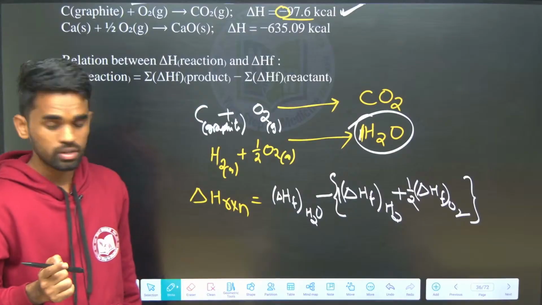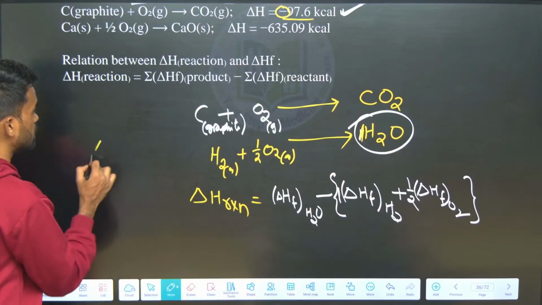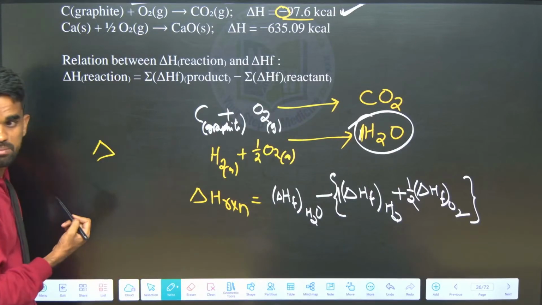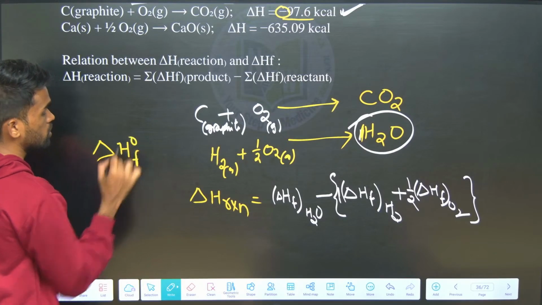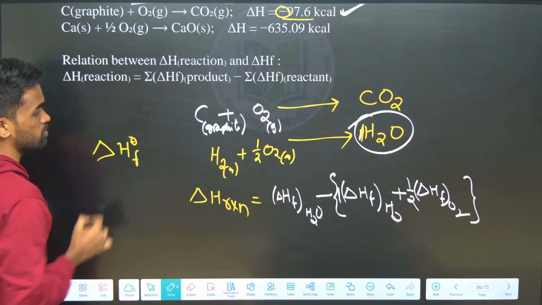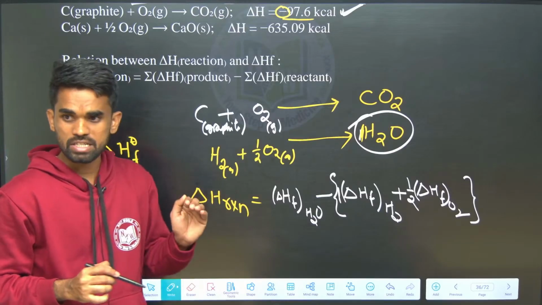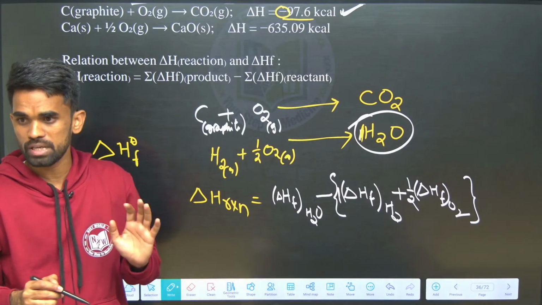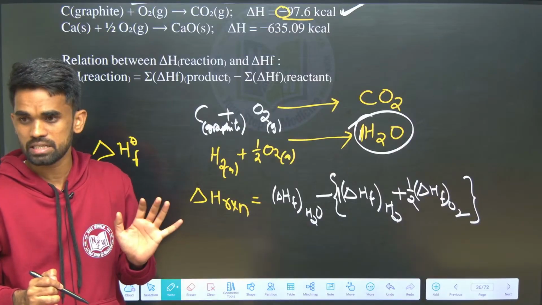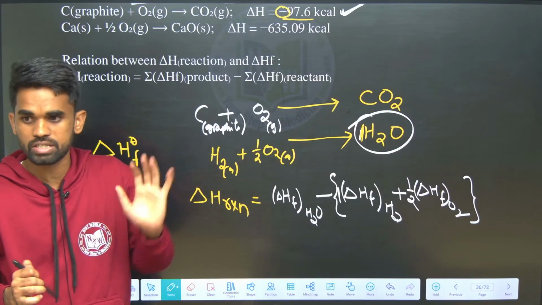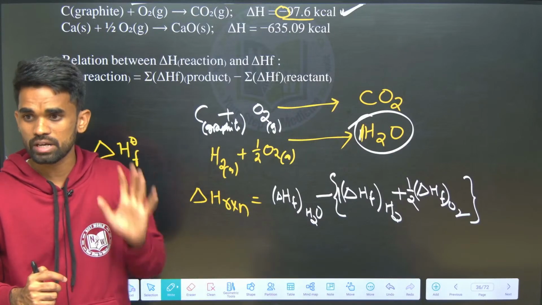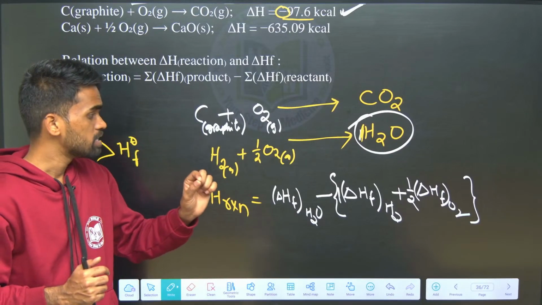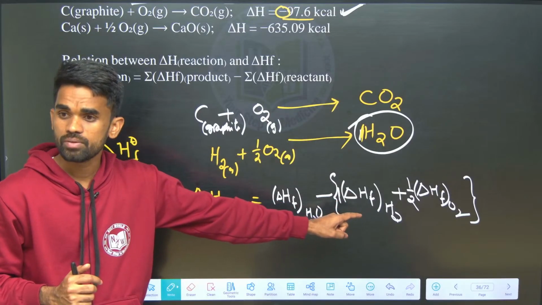And just remember, this is enthalpy formation I am saying. Sometimes it is given as standard enthalpy of formation. So standard enthalpy of formation means if temperature is not mentioned, consider it as room temperature, normal 25 degrees Celsius. If they mention any temperature, that is its standard temperature. And 1 atm pressure. So at this particular condition, what is the standard state of hydrogen?